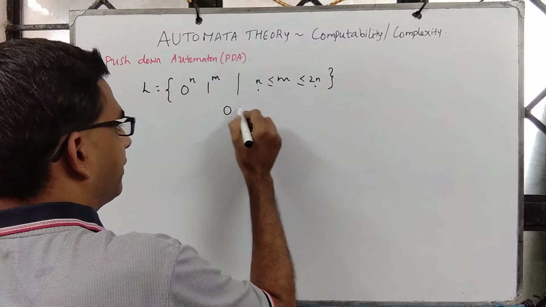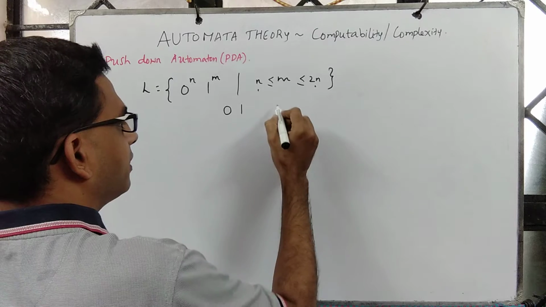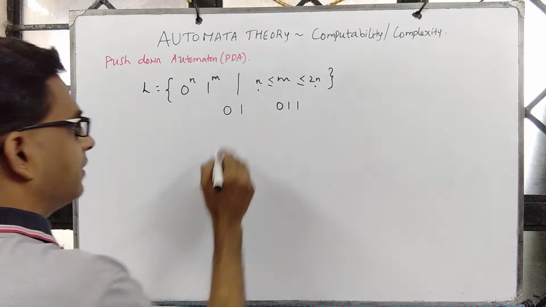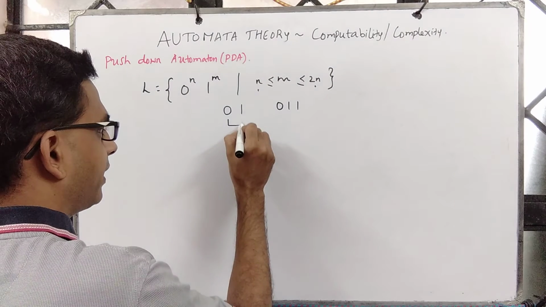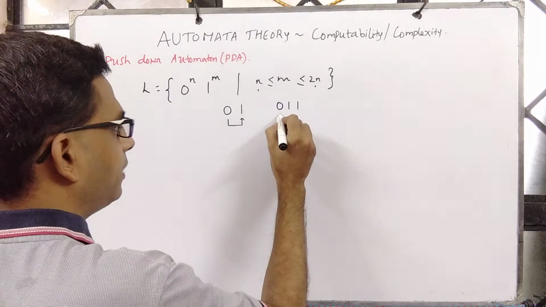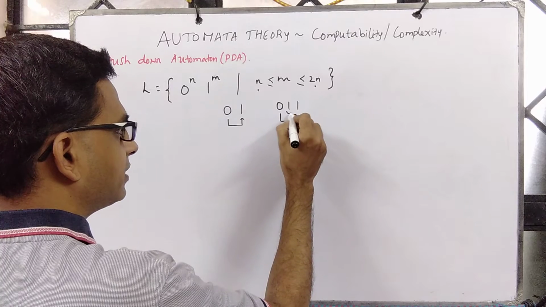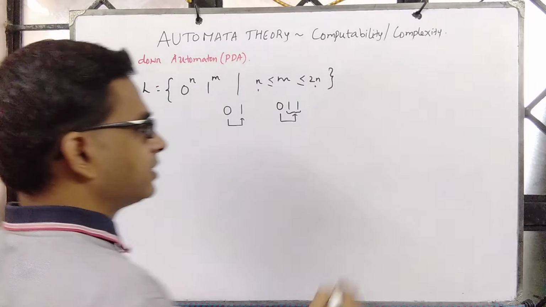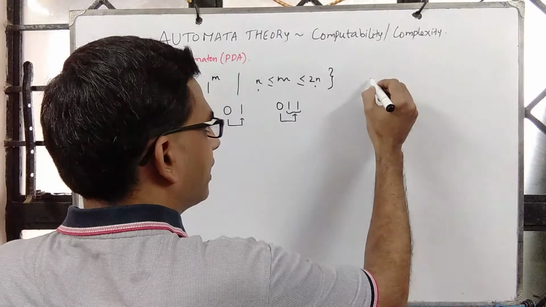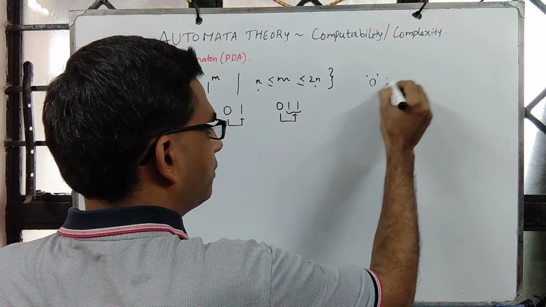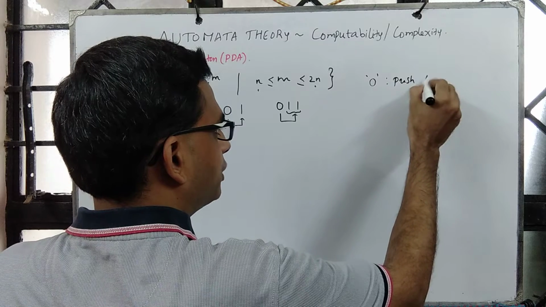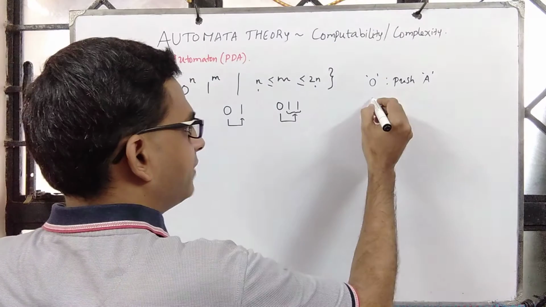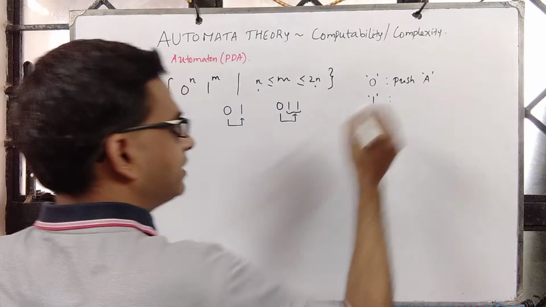Remember, we said we may associate a single 1 or a pair of 1s for a 0, which means supposing for 0 I perform push capital A, then when we see a 1, what is it that we should do?